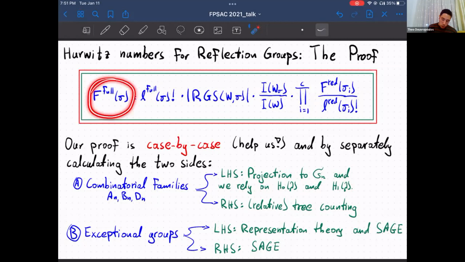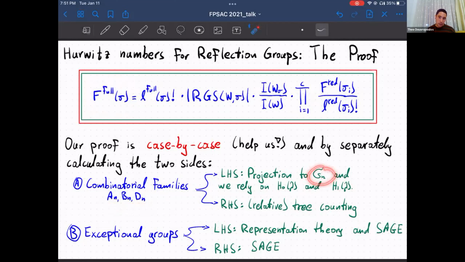So we calculated both sides of the equation separately, and we compared them, and voila, they're the same. For the combinatorial families, the right-hand side is essentially combinatorial arguments because these families, they're generating sets, they behave like trees. It's similar.